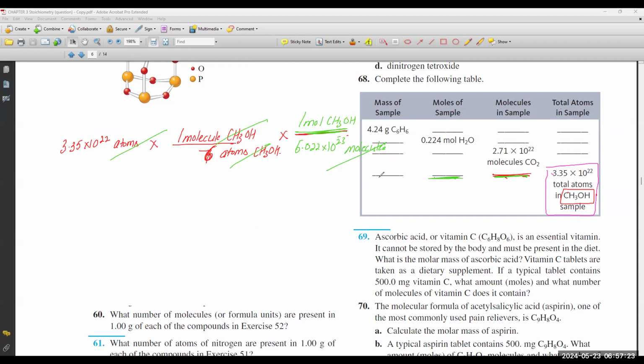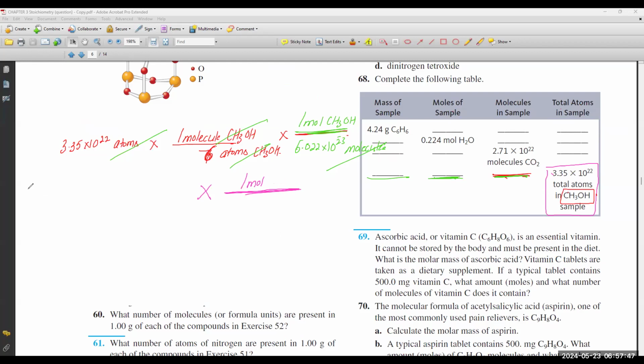Now I want to go to the grams. So what should I plug in? Now we need the molar mass. 1 mole of CH3OH. Should I take it in the numerator or denominator? It should be in the denominator.